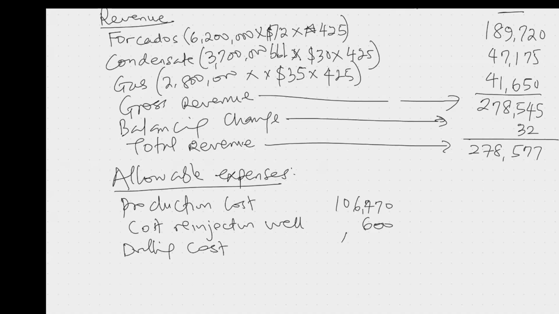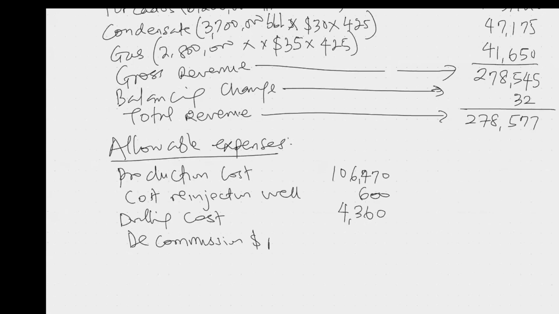The commissioning and abandonment: how much is that? 19. Repairs and maintenance: how much? 570.